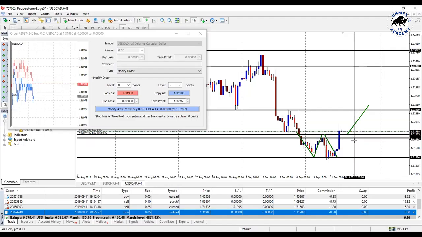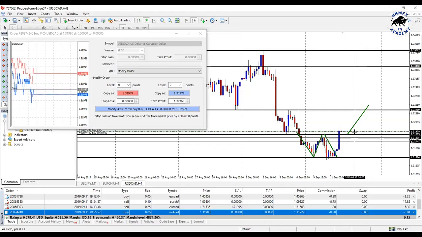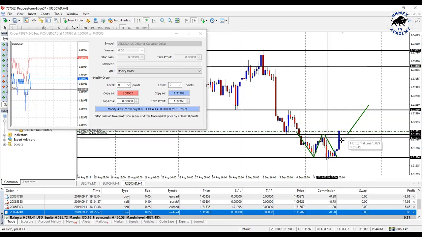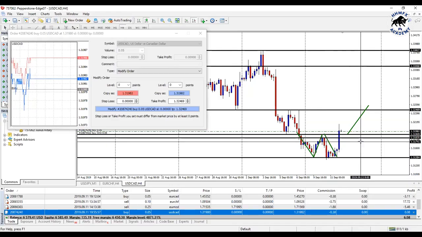Why below this? Because the market will come to do a retest at this point, or at this closing price of rejection on the neckline. So I'll put my stop loss somewhere below there, at least 25 pips from my entry.